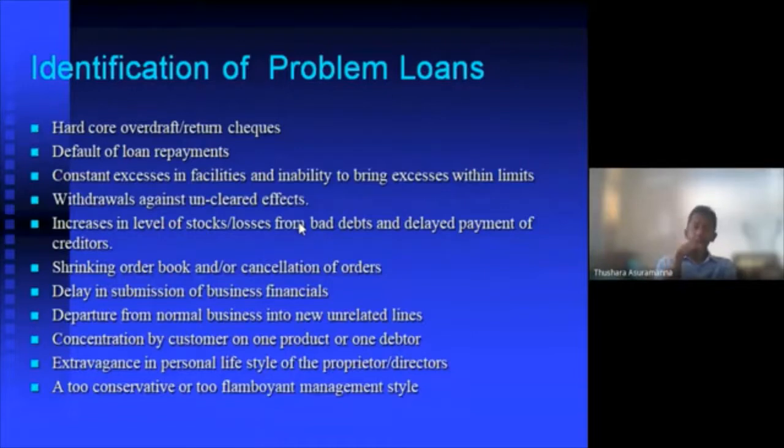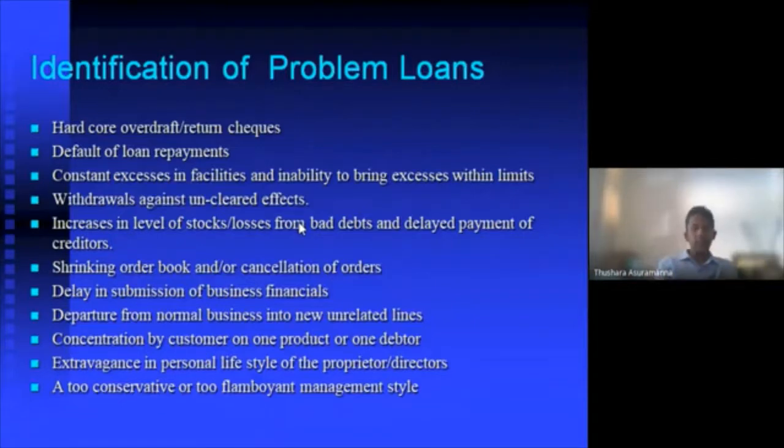Once you grant a credit facility to a customer, by observing the performance of the borrower, you can identify the problem status, like hard coding, cheque returns. There may be chances where an OD becomes hard code, cheque return.